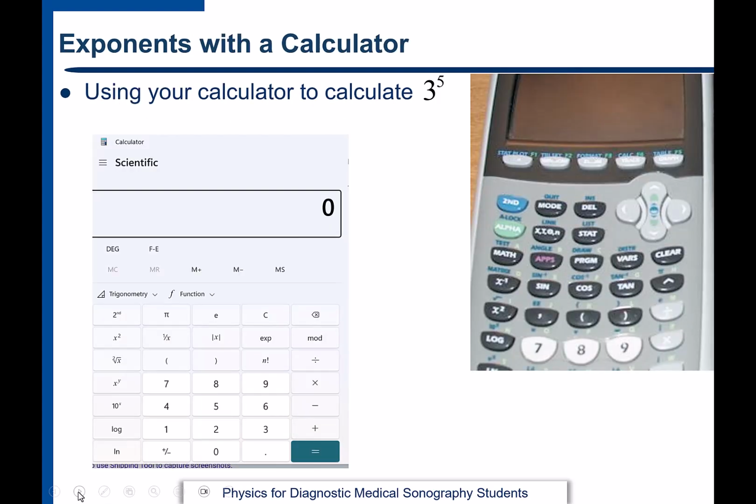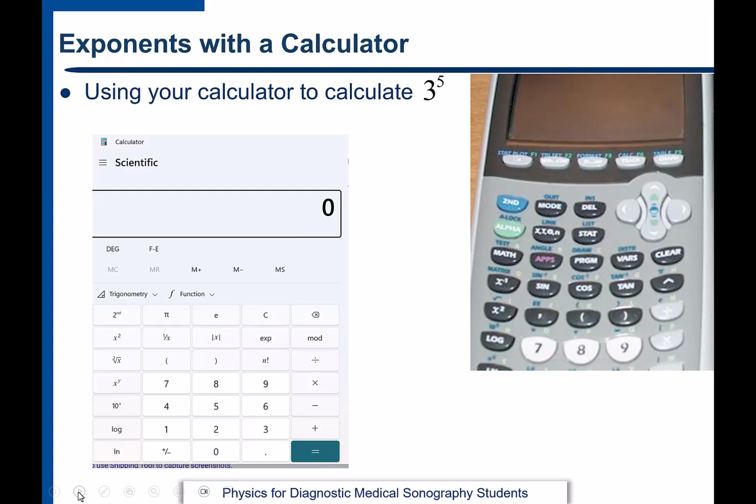Let's look at how to deal with exponents on your calculator. In general, you may have a number of different calculators available to you. The one on the left is just the Windows calculator that's built into Windows, but your cell phone or whatever computer you have will have some kind of calculator built in. Each calculator can be a little bit different, but let's look at how to calculate 3 to the 5th on these two examples.